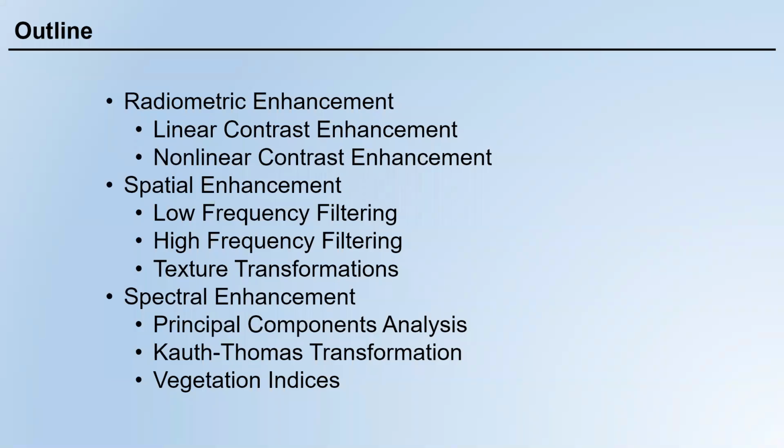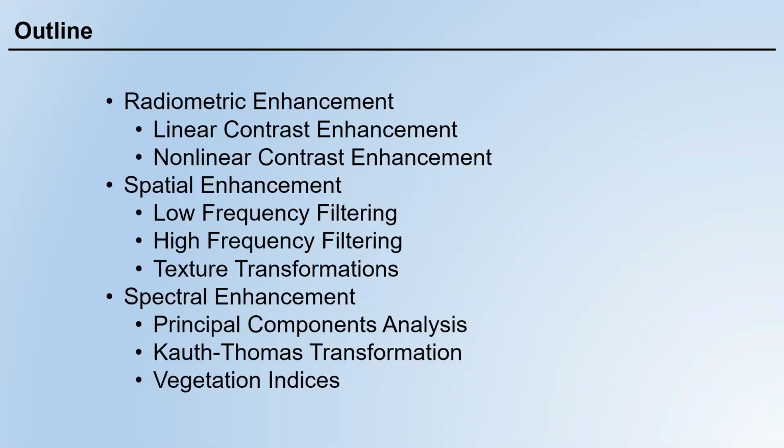So specifically, there are 3 types of enhancement: radiometric enhancement, spatial enhancement, and spectral enhancement. In the first part, or in this week's meeting, of course, virtual online meeting, I'm going to finish the radiometric enhancement.